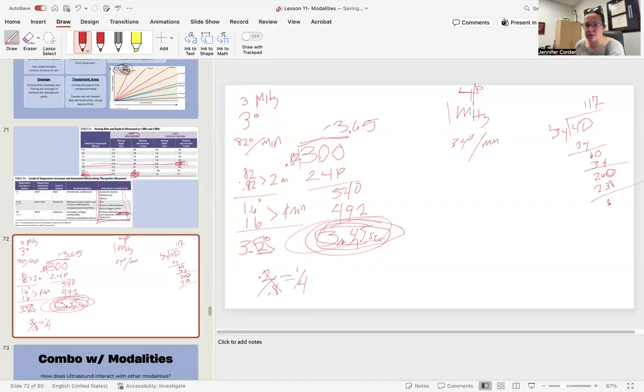That's going to be 22. And 220 is going to be, no, it's not going to be 7. It's going to be 6. I can do math, guys. 6 on 4, 24.